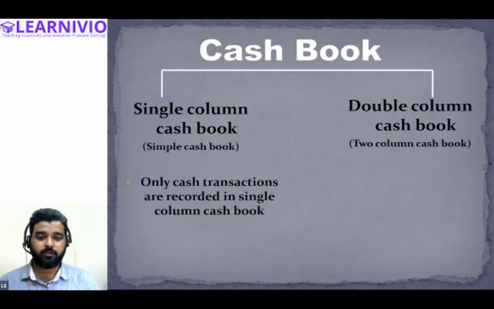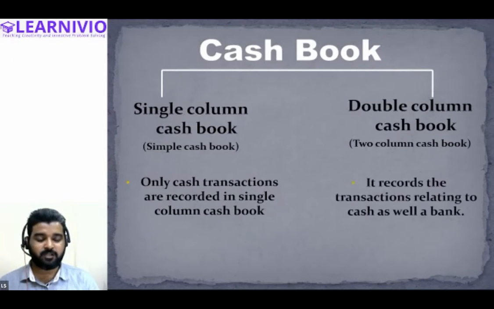But double column cash book deals with cash transactions as well as the transactions taken place through the bank. So it contains the inflow and outflow of money from bank as well. Single column deals with only cash transactions. Double column deals with cash as well as bank transactions.